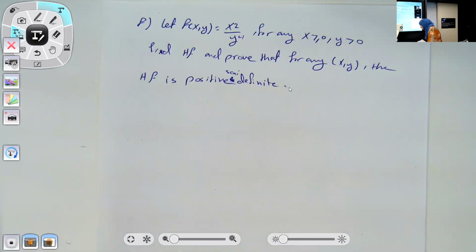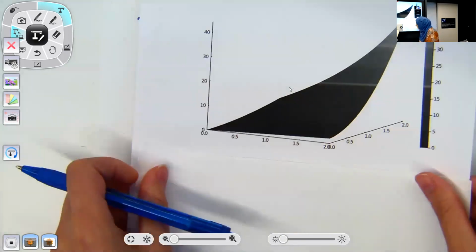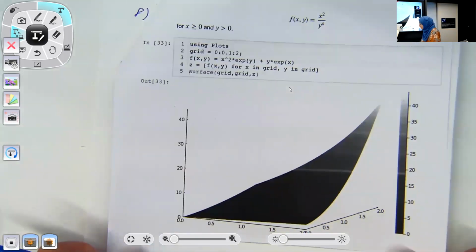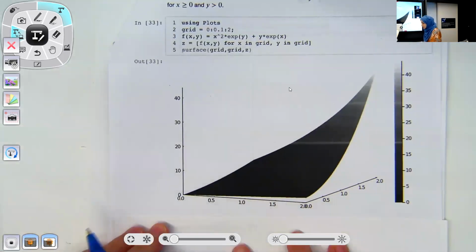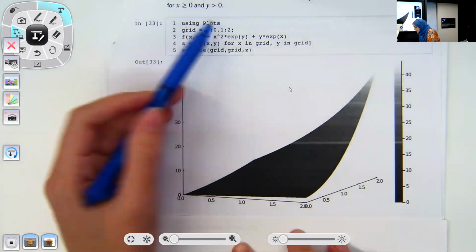If you try to use Julia to draw this function, it's easy to draw using plot.